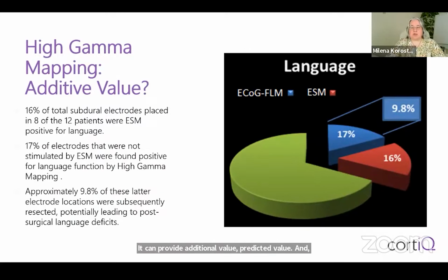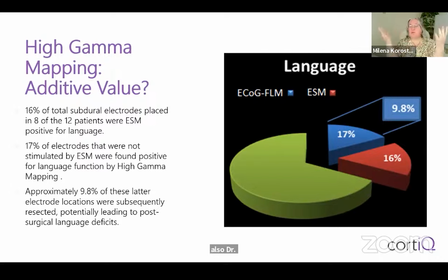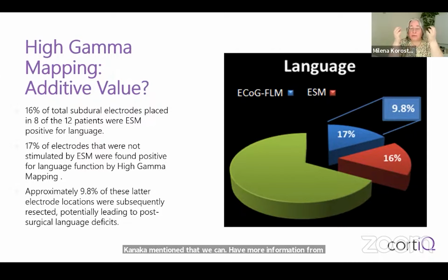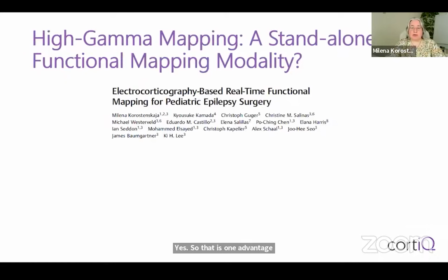As Dr. Tanaka also mentioned, we can have more information from all the electrodes at once, whereas we simply don't have the time, and sometimes the reason, to test all the electrodes with cortical stimulation. So that is one advantage that gamma mapping provides us with.